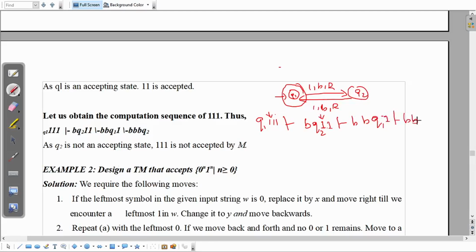This one will be replaced by B, and then it will be somewhere here, blank, and before that Q2 should be. So right now all inputs are done. No more input characters are left, and the state where you have landed is a non-final state. So that means this particular input is not accepted by the Turing machine.